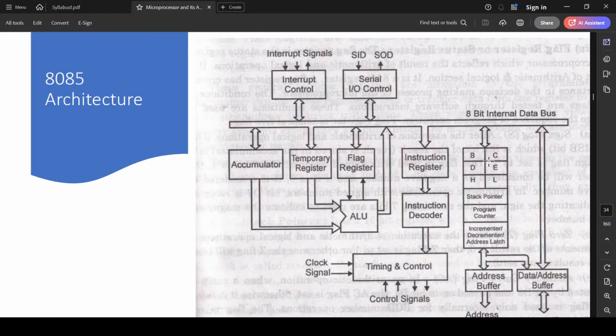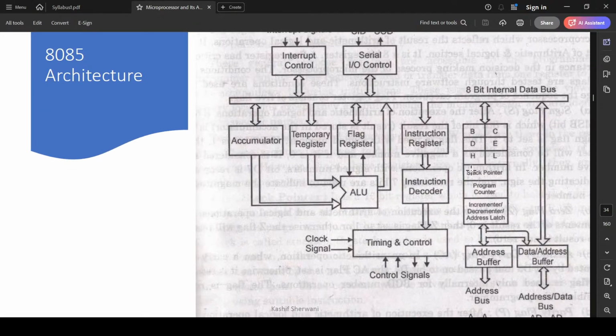What is this? B, C, D, E, H, L, stack pointer, program counter.